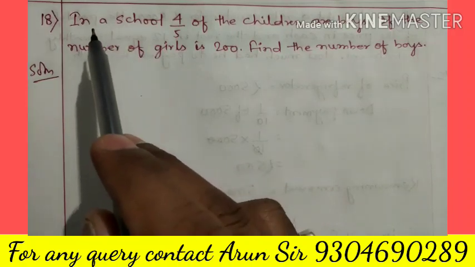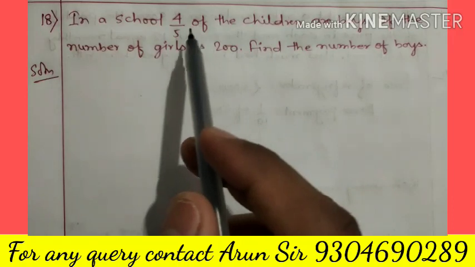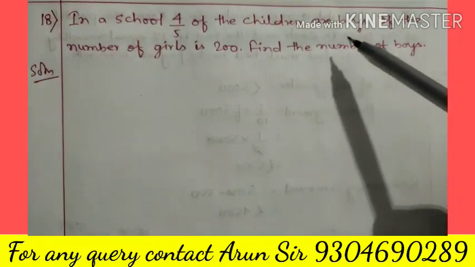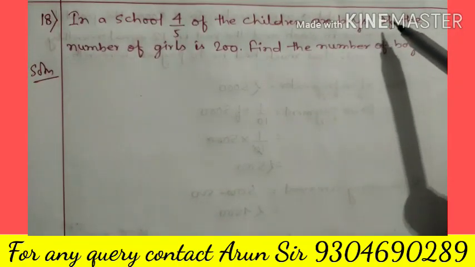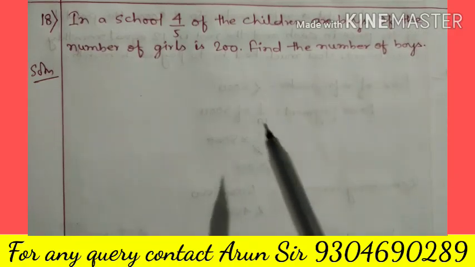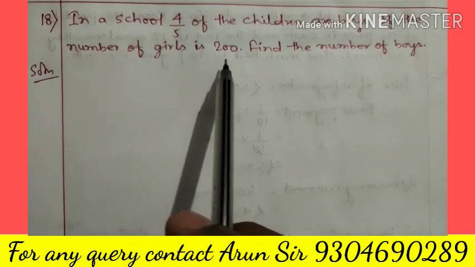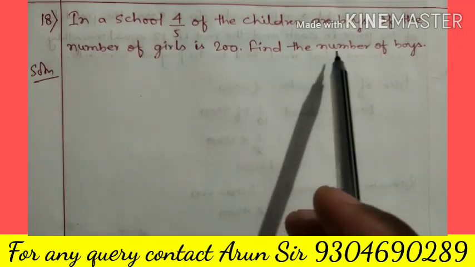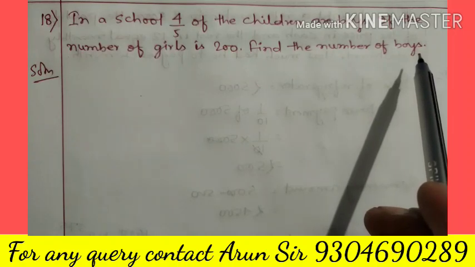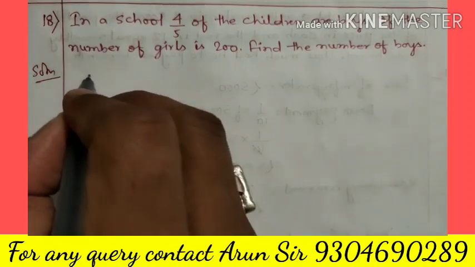Question number 18 is saying, in a school, 4 by 5 of the children, it means 4 by 5 part of total children are boys if the number of girls is 200. In the fraction part, number of boys is given, and in the value part, number of girls is given 200. Find the number of boys. So first we will calculate the total number of student.